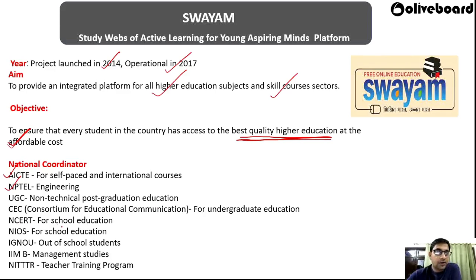NCERT is for school education. NIOS is for school education, that is open school. IGNOU is for out-of-school students. IIM Bangalore is for management studies, and NITTTR is for teacher training programs. So these are all the national coordinators for various programs under the Swayam portal.